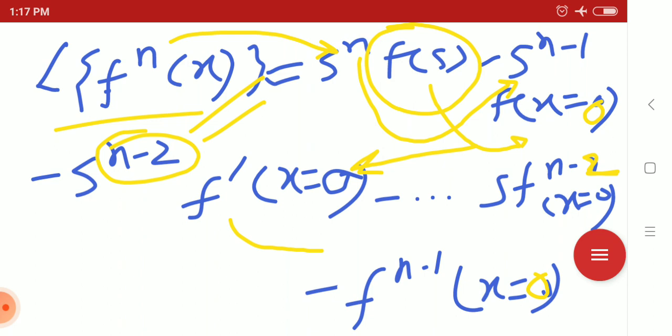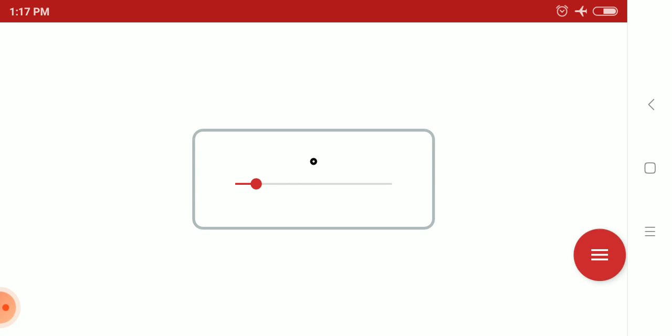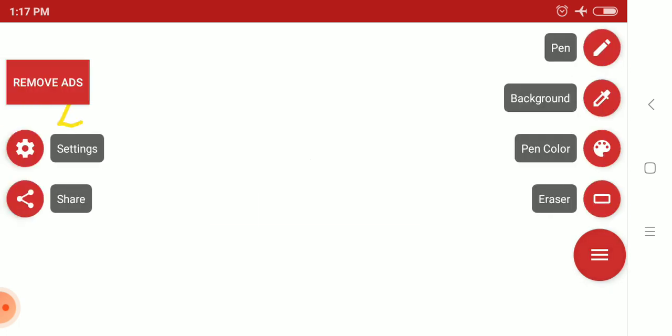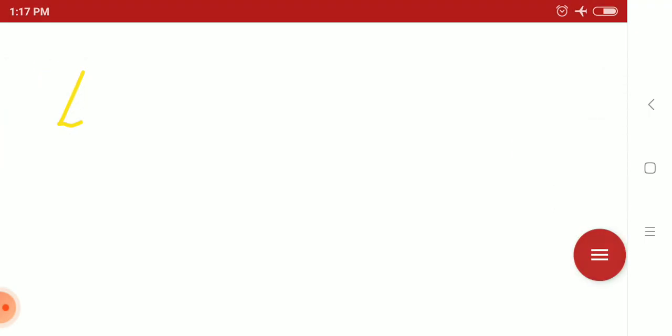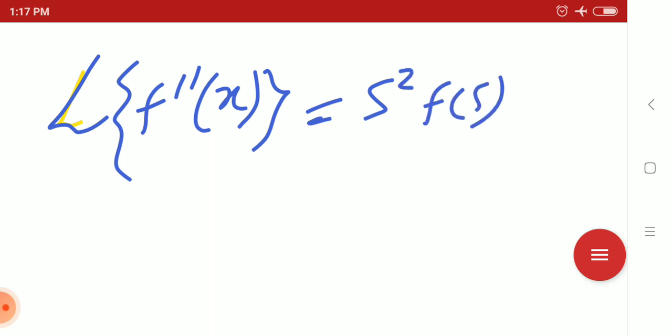Let's take an example, the Laplace transformation of the second order derivative. The Laplace transformation of f''(x) will be, firstly, s squared F(s), now the power 2 will be reduced, s to the power 1 f(x) at x equals 0.